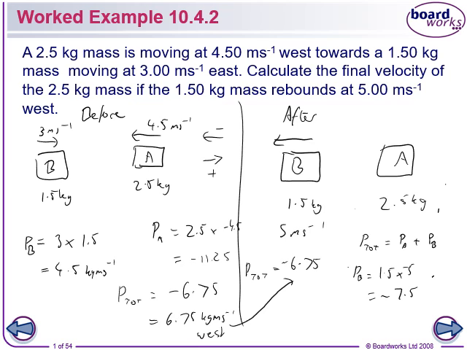Okay, so we've got the momentum of B, and we've got the total momentum. If we rearrange this equation, the momentum of A is going to be equal to the total momentum minus the momentum of B. So we've got negative 6.75 minus negative 7.5, which is 0.75.